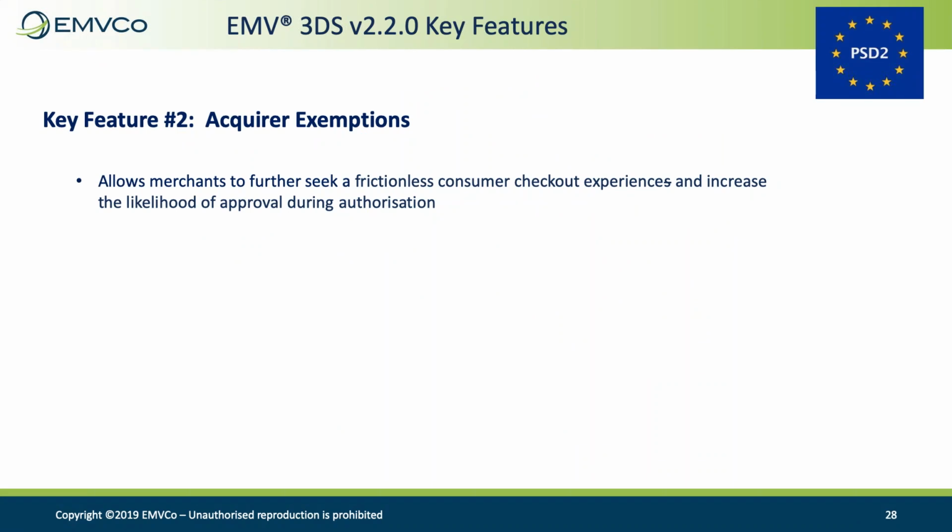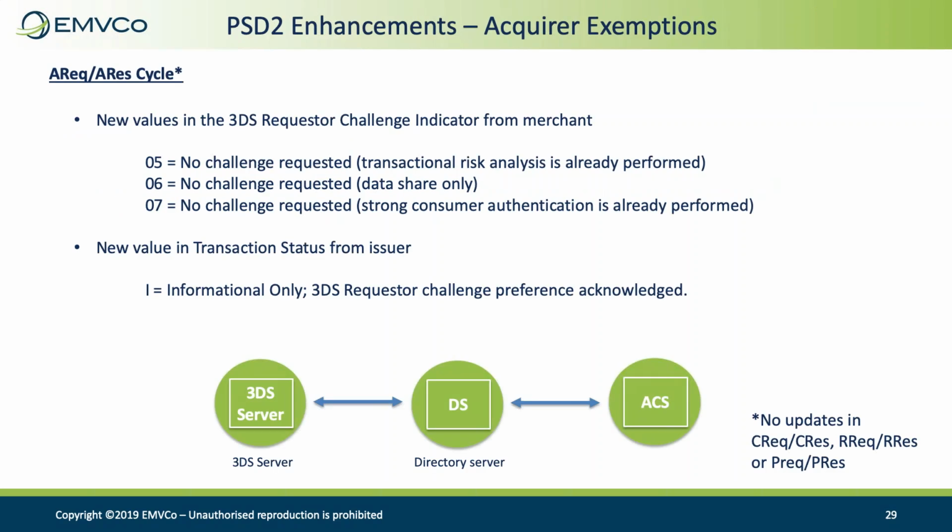Another key feature to discuss is the acquirer exemptions. This allows merchants to further seek a frictionless consumer checkout experience and increase the likelihood of approval during authorization. New values were added in the 3DS requester challenge indicator from the merchant, mainly during the AREC-ARES cycle.